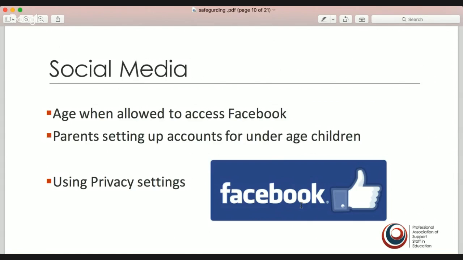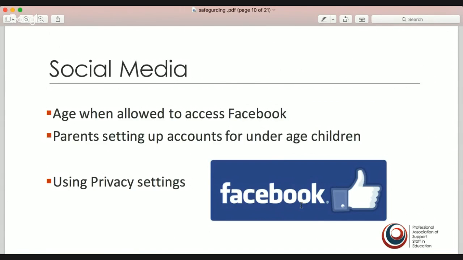With the best intentions, not with any negative intentions, maybe to help them communicate with other family members in other parts of the world or other parts of the country, or grandparents even. It's not done for bad reasons, but unfortunately we do have to look at the other side of these types of social media, and we know what can go on. So we do have to respect the age limits that have been put in place.